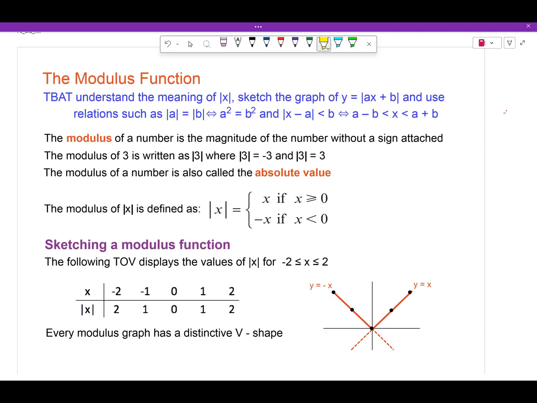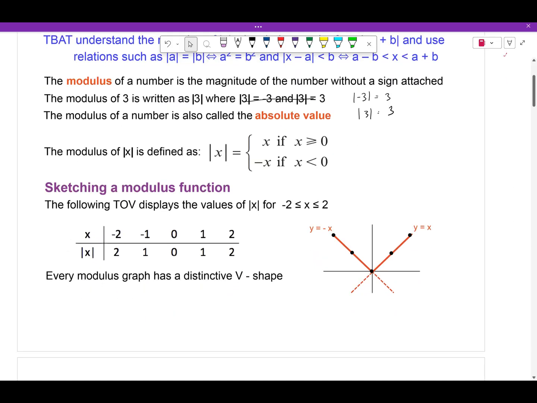For example, we have 3, and negative 3. Sorry, this should be the other way around. It should have been absolute negative 3 is equal to 3. If it is a positive number itself, it still remains a positive number. So this is what we call absolute value.